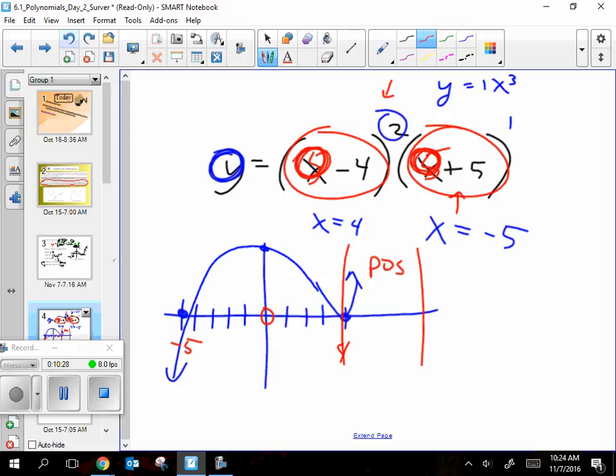So it's positive in this area, as in it's above 0. And the last zone I can check is things that are smaller than negative 5 over here, like negative 6. If I stick in a negative 6, a negative squared is positive, and this will be a negative. A positive times a negative makes it negative.